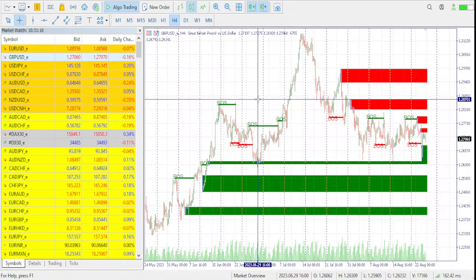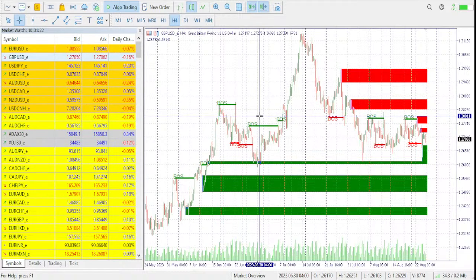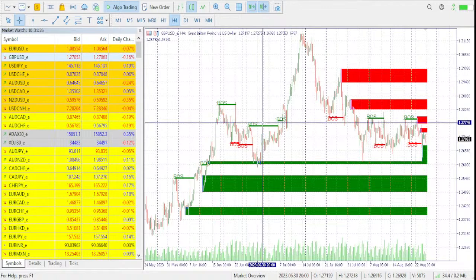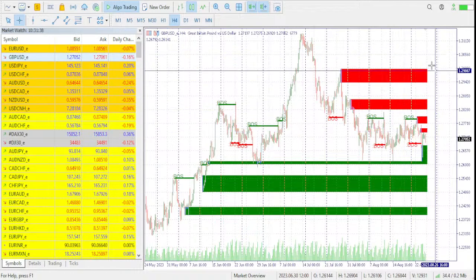The other one is 1.28701 and 1.28259, and the other one is 1.28011, and the other one is 1.27746. Then the other one is 1.27499. Then the other one is 1.27338. So these are the zones I want us to give focus.